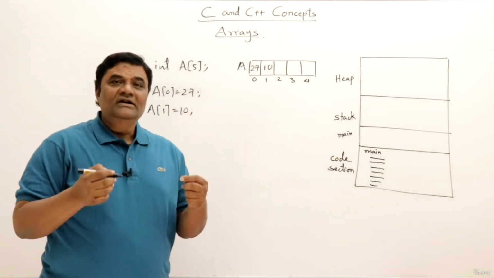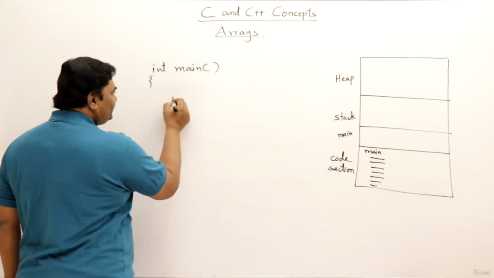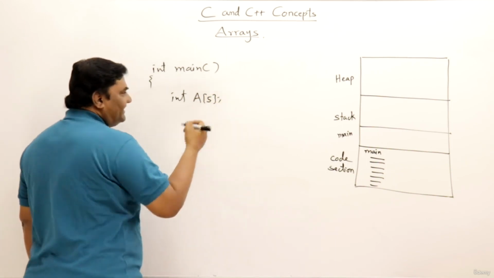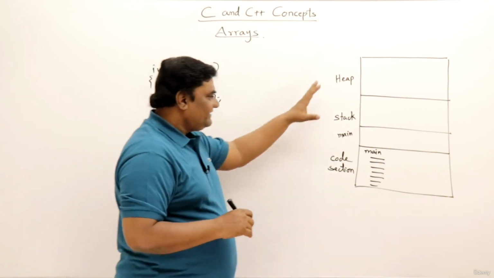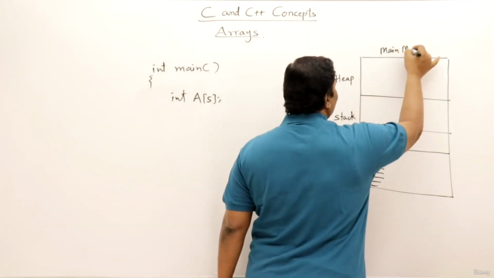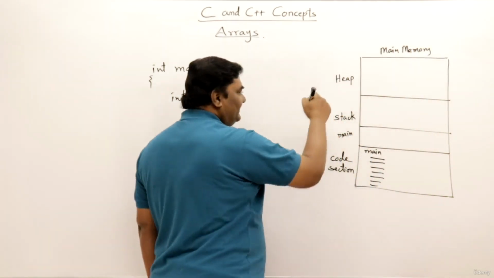Now I will show you how to declare and initialize an array. I will write the main function. Now in this, suppose I want to declare an array a of size 5, an array of size 5 will be created. Now when the program is running, it runs inside the main memory. This is main memory, and the main memory is divided into 3 sections, that is code section, stack and heap.